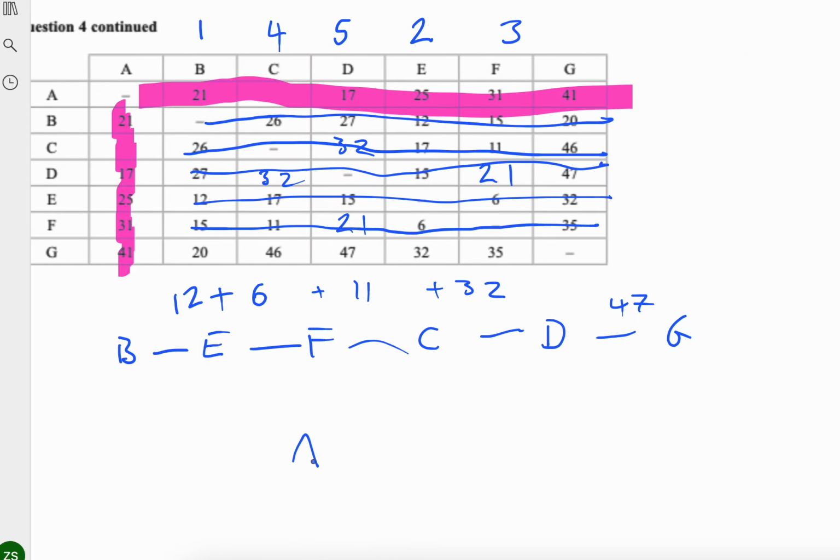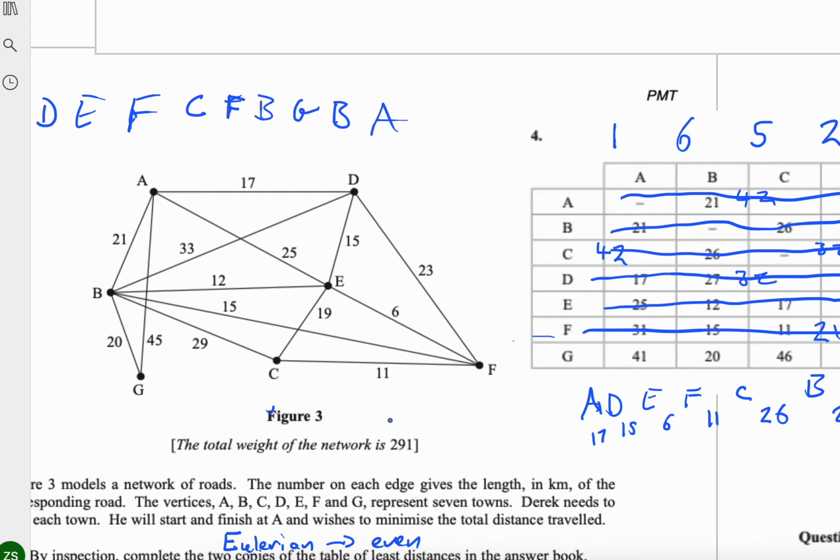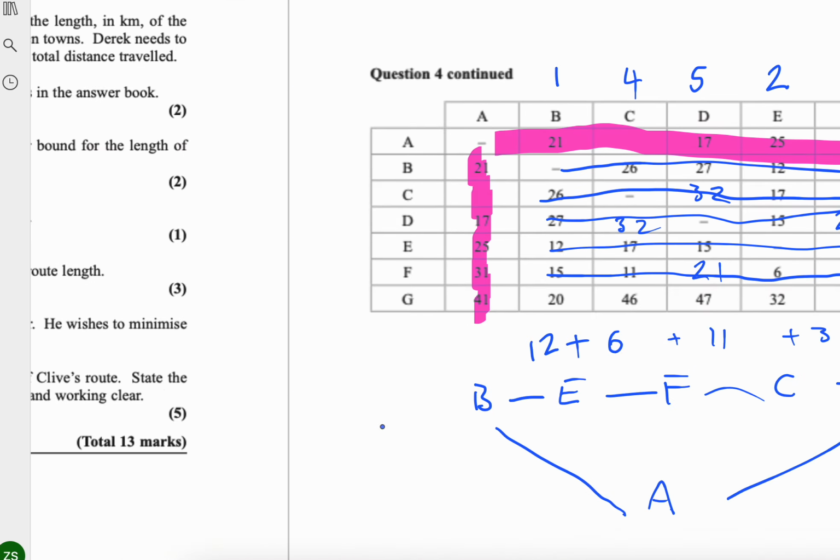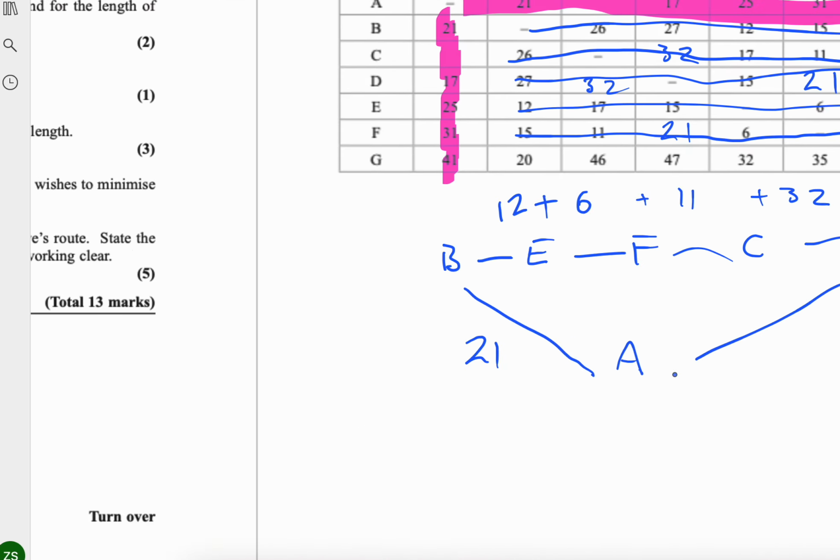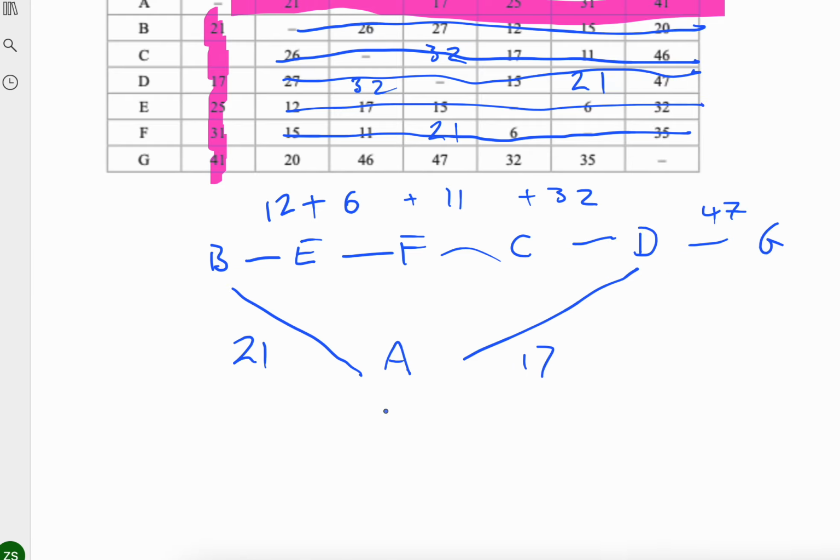So A connects to B and connects to D. AB is 21 and AD is 17. Can we get a sum total? 1 or 2 kilometers. Very good. You happy with that?